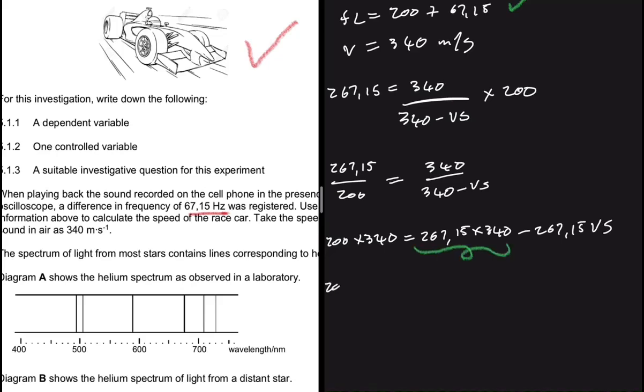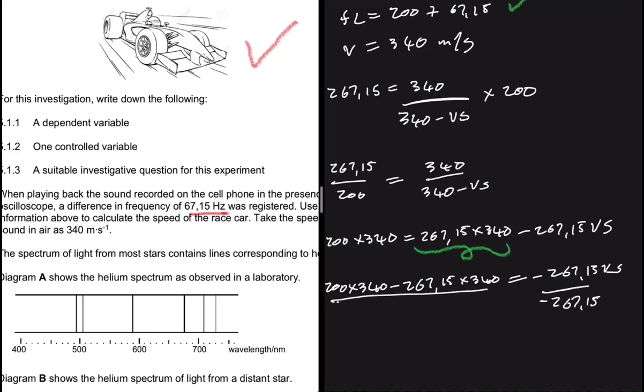If we do that, we're going to get 200 multiplied by 340 minus 267.15 multiplied by 340 equals minus 267.15 Vs. And then I can divide both sides by the coefficient of Vs, which is minus 267.15 divided by minus 267.15, right?